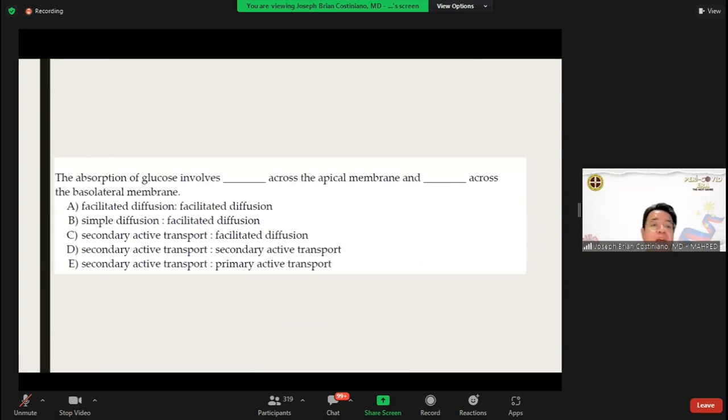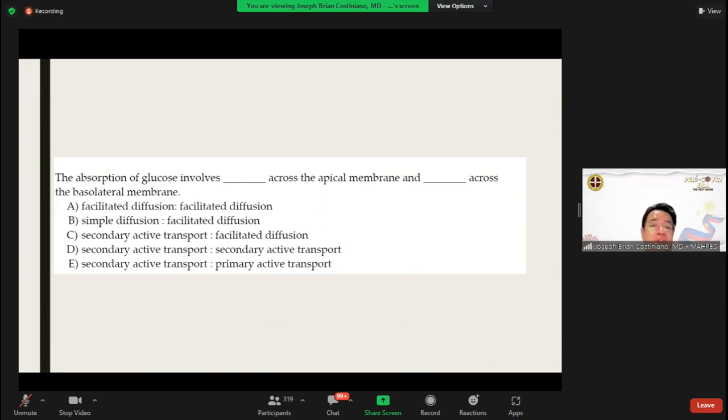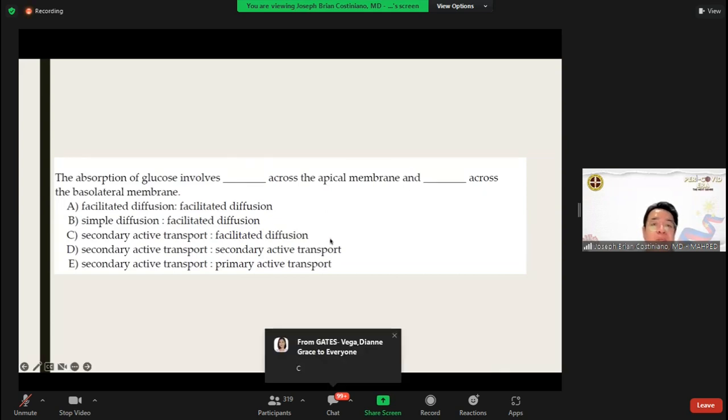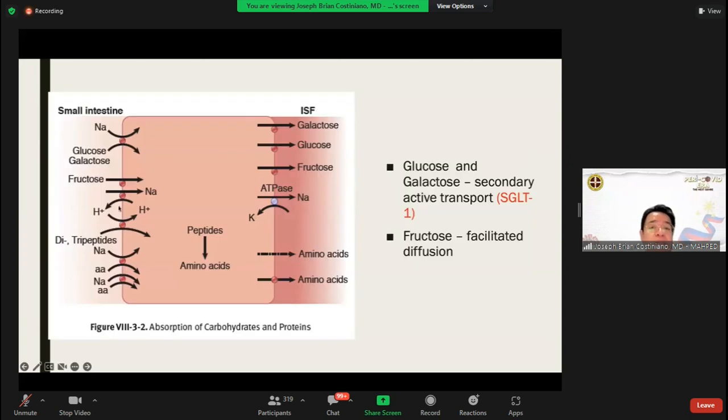Would it be active transport or facilitated diffusion? And then a movement towards the interstitial fluid or interstitial space? Is it through diffusion or secondary or primary active transport? So the answer is actually secondary active transport across the apical membrane, and across the basolateral membrane, it's just simple facilitated diffusion. Okay?